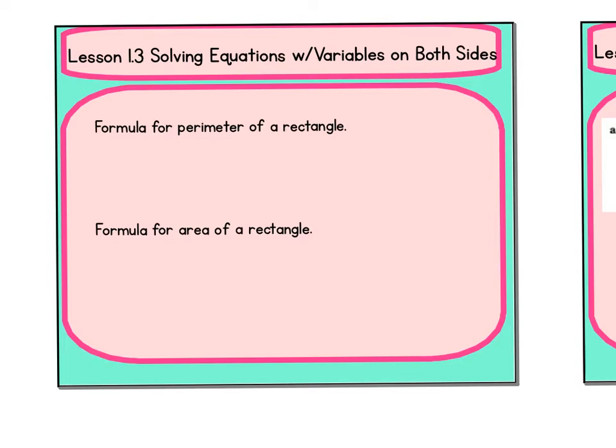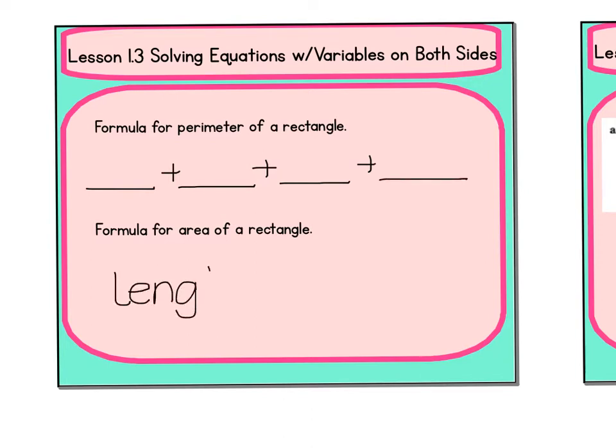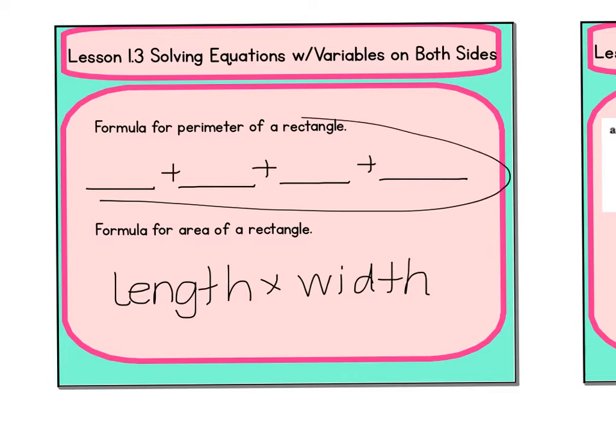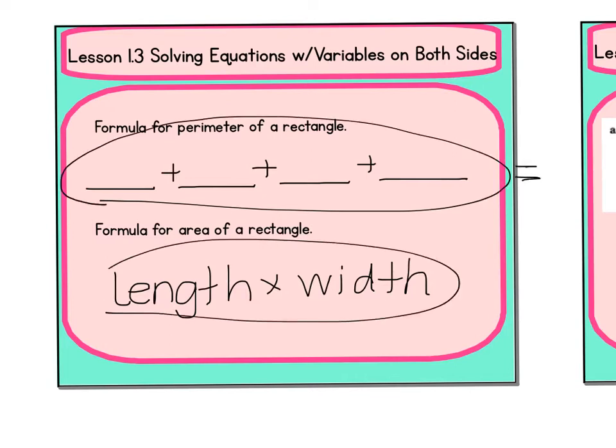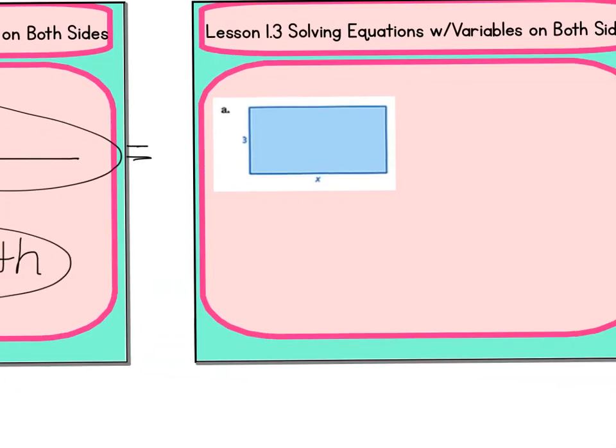Perimeter, we had to add up all four sides, so side 1 plus side 2 plus side 3 plus side 4. To find area, we had to do length times width. And what we came up with for these is once we found the perimeter, we're going to set that value equal to what we had the area for.